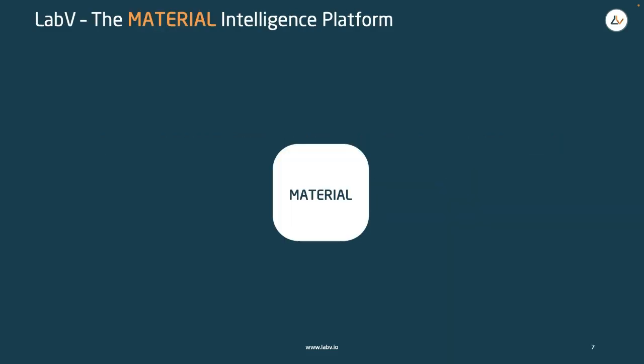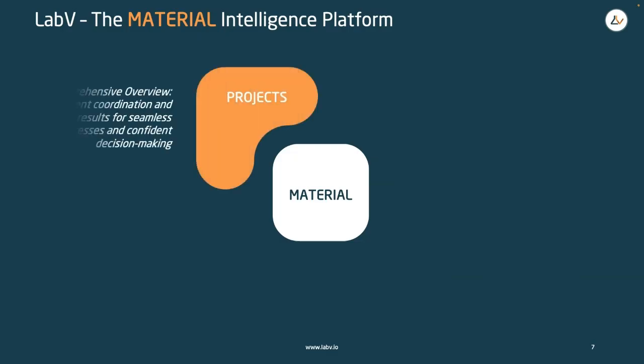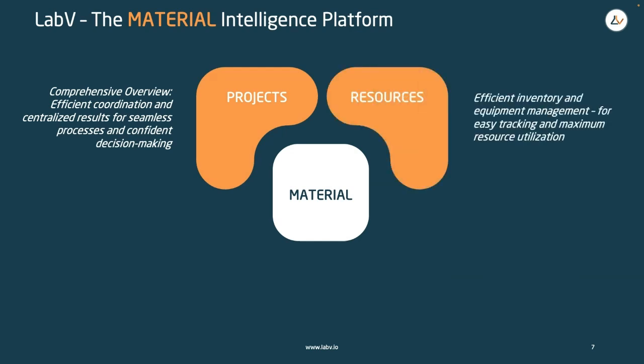Let's start with material. What do we mean? What is behind material in our understanding? First, we're talking about projects. It's giving you a comprehensive overview of all the projects. You can coordinate everything in one place, independently of your department. Everything you do every day is in one place. And the same way we manage the project centrally, we also manage all the resources centrally.